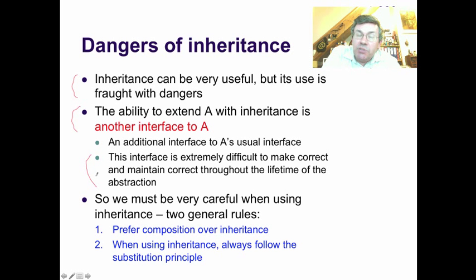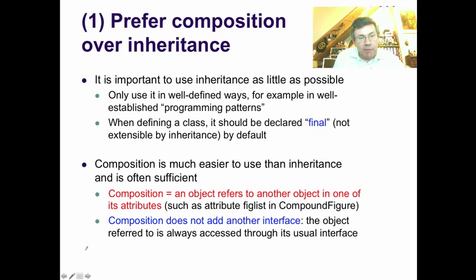This is what experience shows. It's a very subtle interface. So we have to be very careful. And in fact, there are 2 general rules that I'm going to explain. One is you prefer composition over inheritance whenever possible. And 2, when using inheritance, you should always follow a particular principle, which is called the substitution principle. Well, I'll explain in a minute.